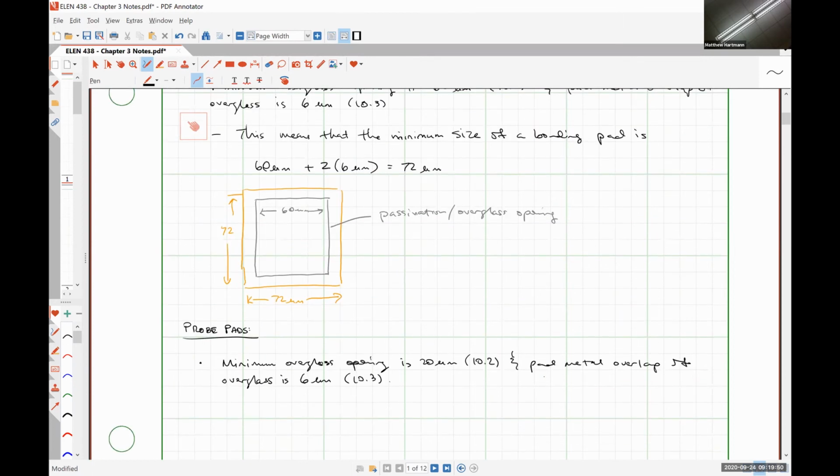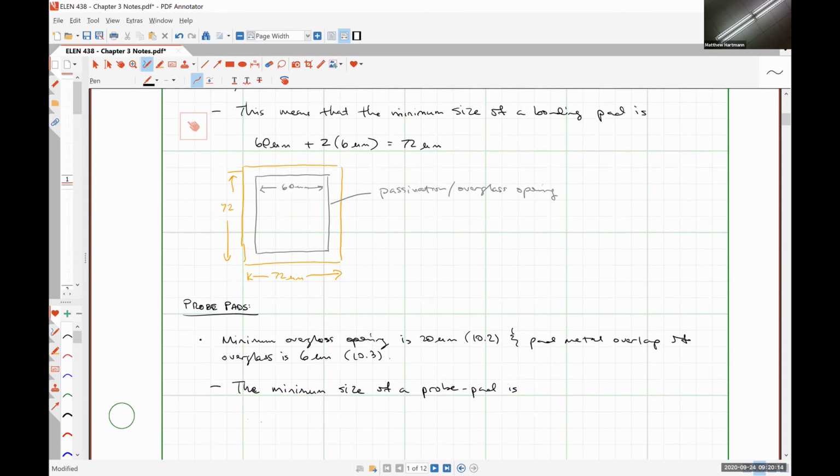And so the minimum size of a probe pad, 20 microns plus 2 times 6 microns, is 32 microns.